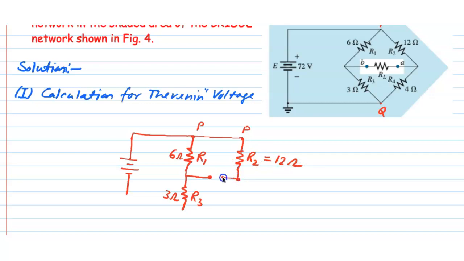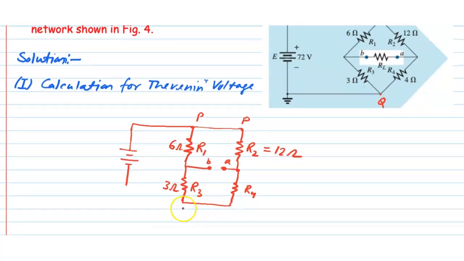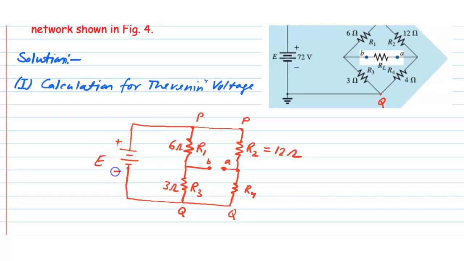This terminal is open, this is A and this is B, and this resistance is R4. These two terminals are also Q, and this is E, positive and negative, that is 72.